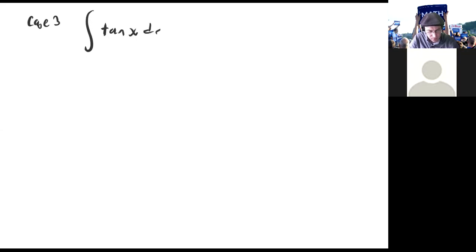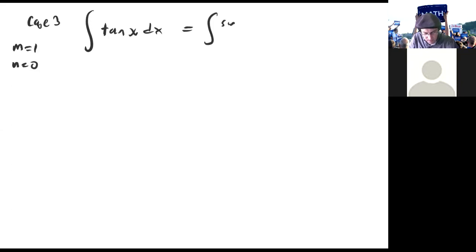Okay, so now there are a couple of isolated cases to deal with. I'll call this case 3, where we just consider the integral of tangent x. That cannot be solved using the previous recipe. This is the case where m is 1 and n is 0. This is actually very easy to do.